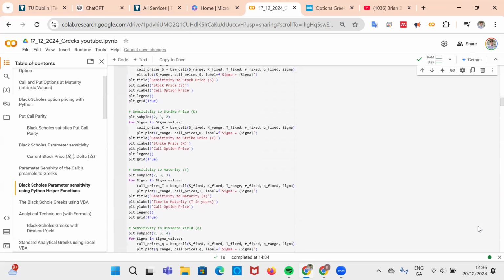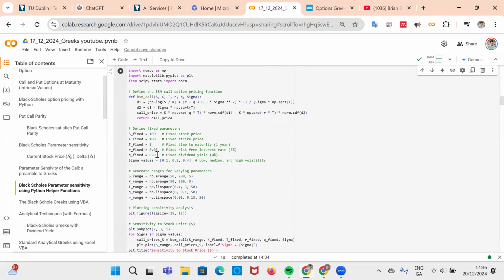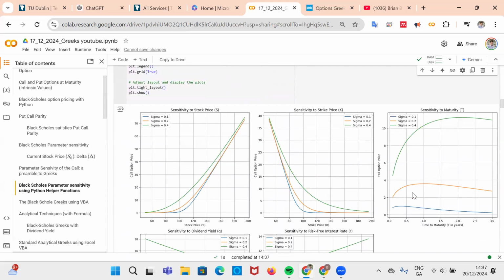And again, I can perform that experiment and observe directly what's the effect if I increase the dividend yield to 15% and lock it then. You can see the effect of increasing the maturity in the option is to reduce the value, especially for deep in the money options, right?